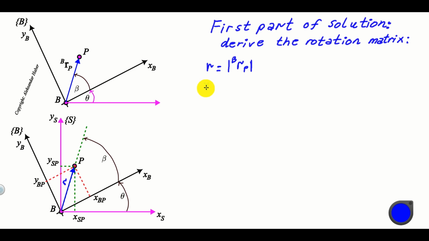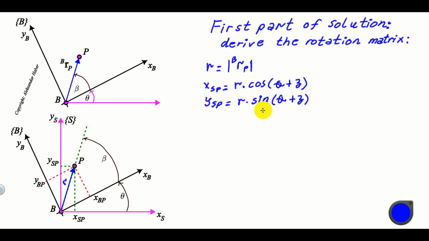XSP is obviously R multiplying cosine of this angle, theta plus beta. So let's write it here. On the other hand, YSP is R multiplying sine of theta plus beta.